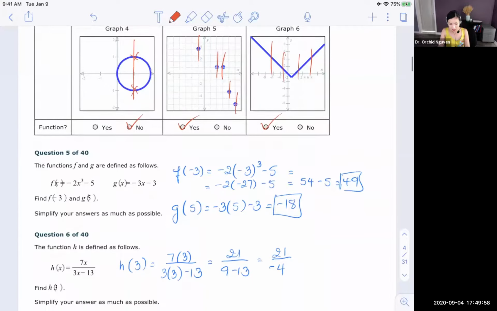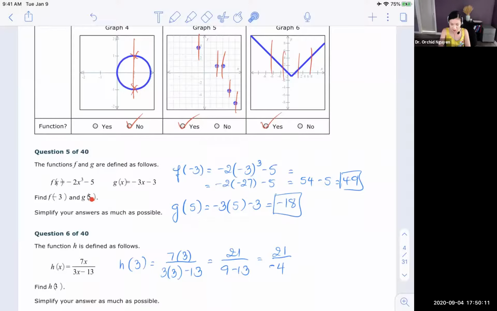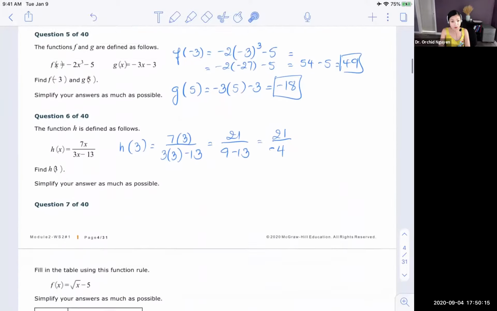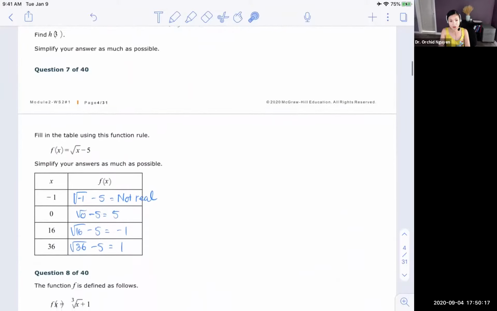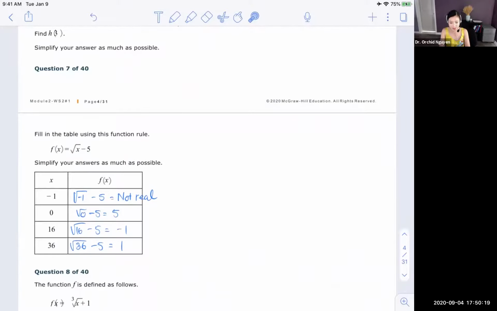Okay, so hopefully you remember how to use the vertical line test for function. Now, this is just purely evaluation. So if I ask you for f of -3, you just simply plug it in. G of 5, you just take 5 and plug it in here. Hopefully you know how to do these problems easily. The reason we want to practice, don't forget you can always make a table like this.